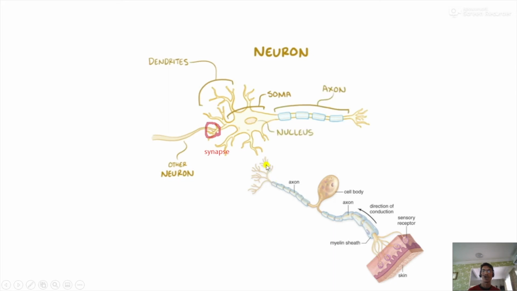The information is passed to other neurons using the synapse. So this dendrite will be connected to another dendrite. The connection is a synapse. The information is passed over here, goes to the synapse, and then passes to the other. In this case, I have one neuron and another neuron.